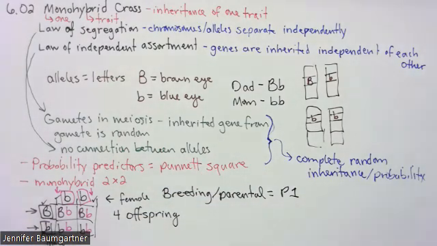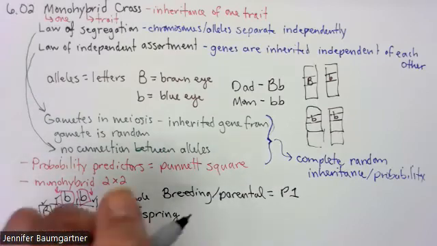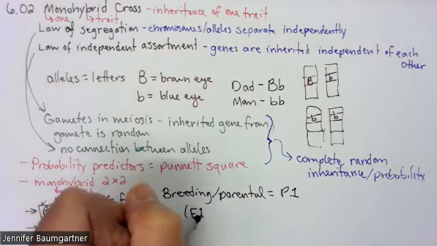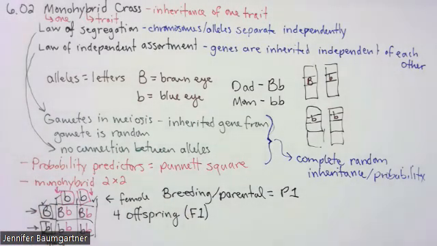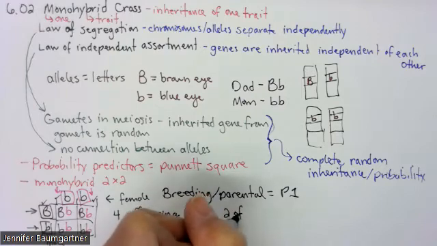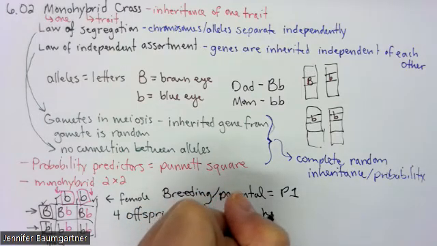The offspring, which in Latin is filial, is going to be the F1 generation. So if I have 4 offspring, 2 of the 4 will be heterozygous.